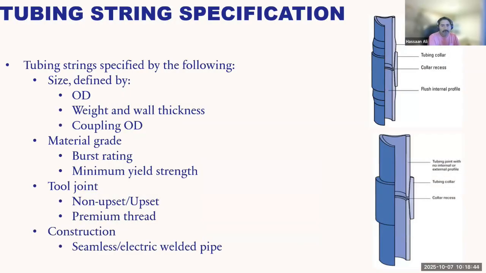So we briefly talked about the tubing string specification. The size is defined by the OD, the weight, and the wall thickness. The material grade means your pressure rating and your yield strength, and then construction, which is seamless or electric welded pipe. The tubing generally provides the primary conduit from the producing interval to the wellhead production facilities.